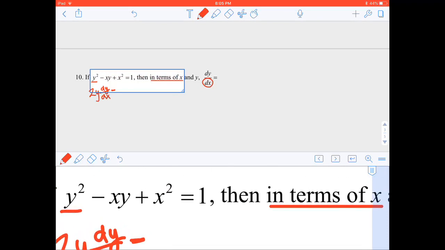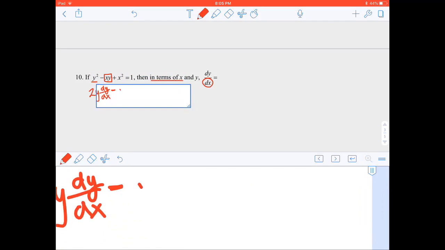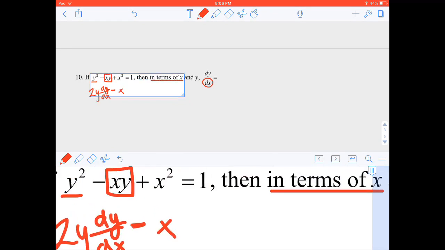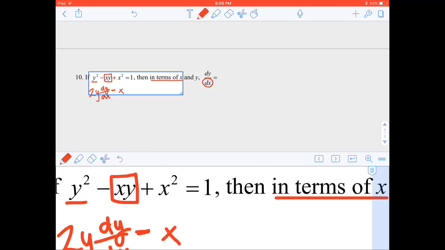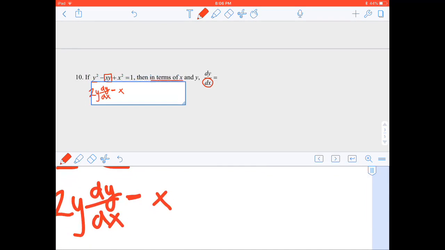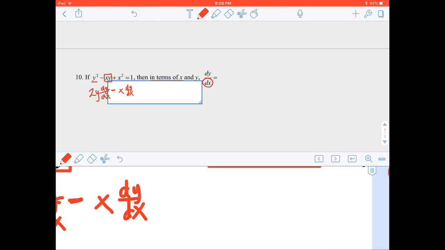Next, I'm going to take the derivative of x times y. These two are being multiplied, so I'm going to take x times the derivative of y, which will be dy over dx, plus our second function times the derivative of our first function.